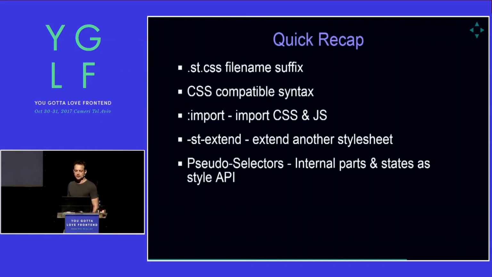We can extend with -st-extends a CSS class and tell it that it inherits from another style definition. We have custom pseudo-elements and classes that we can expose and abstract our inner implementation with. And with that, we have a basic understanding of how Stylable is used.